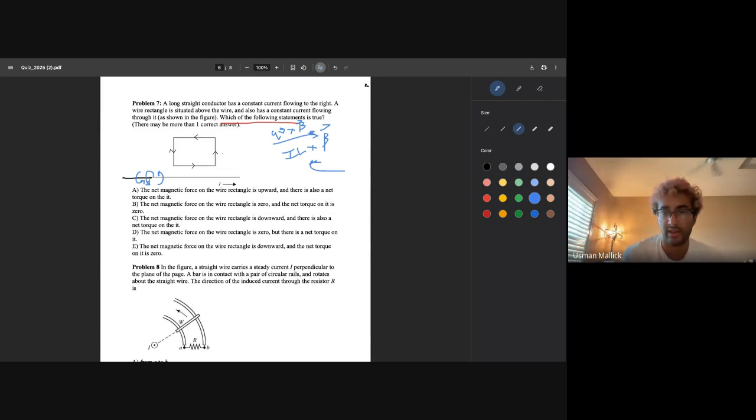So we have our current moving. The ones which are directly pointing towards and against it, this cross is going to be 0. The sine of theta is going to go towards 0. And so that's fine. That's great.